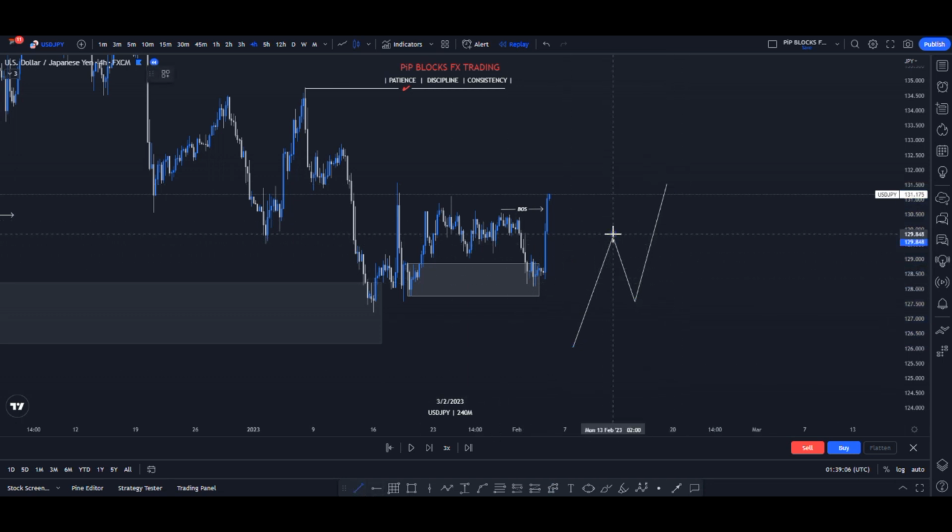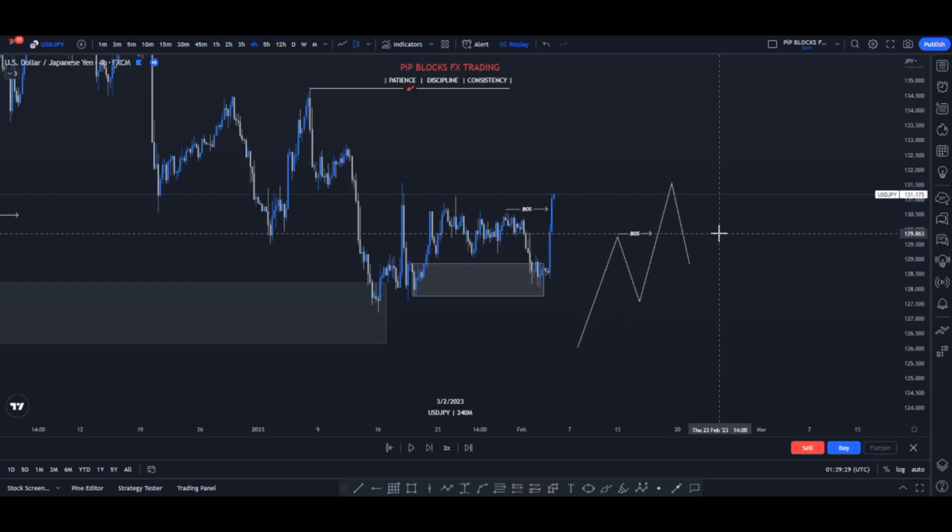Whenever we have a break of structure to the upside, I'll be expecting a pullback into the market before we get the market moving up. I'll be expecting the pullback to come into discount before I look for buys. If I'm looking for sells, I'm expecting the market to pull back into premium before I look for sells.